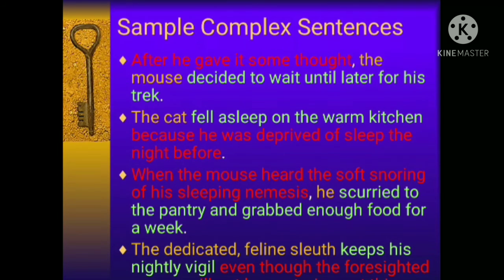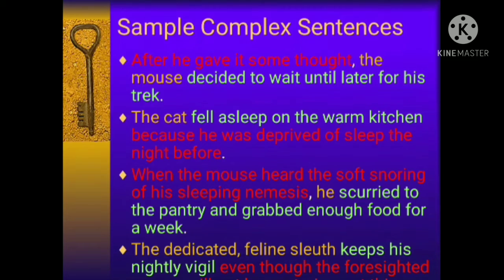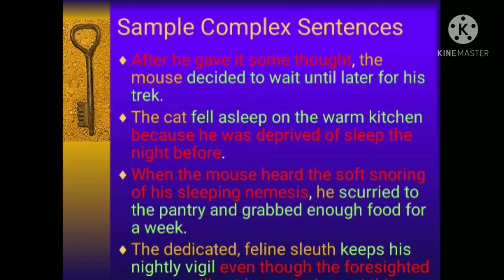For example: since my mother was unwell, I cooked dinner for my family. Since is the subordinate conjunction here. Since my mother was unwell is the dependent clause, and I cooked dinner for my family is the independent clause.